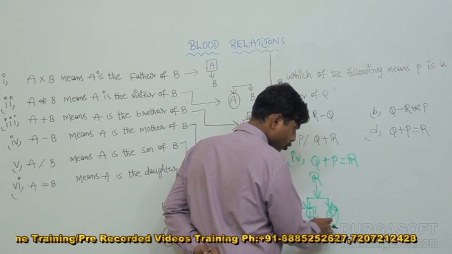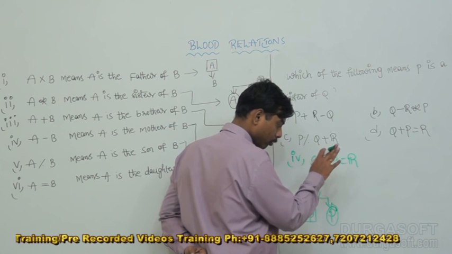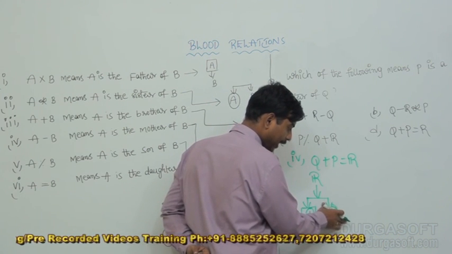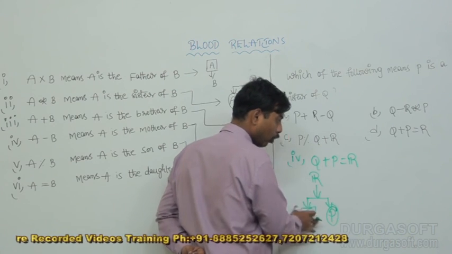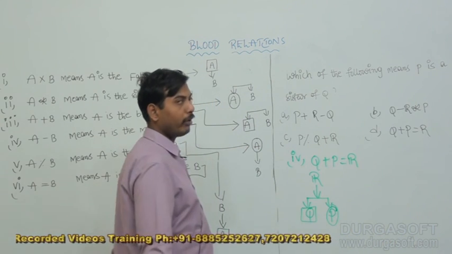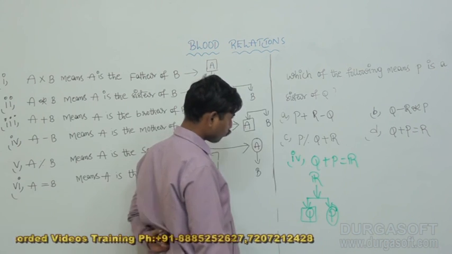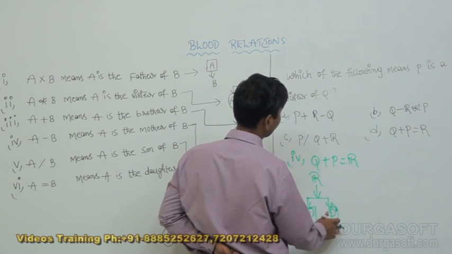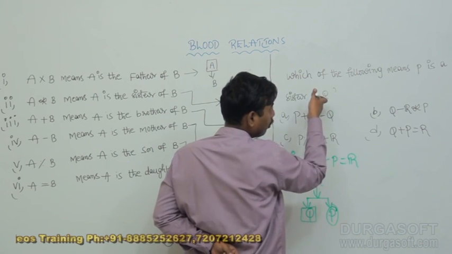Q and P are the children of R. Q is the brother of P, and P is the sister of Q. Q and P are both in the same generation.